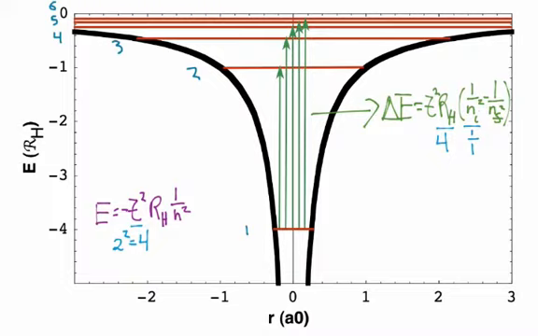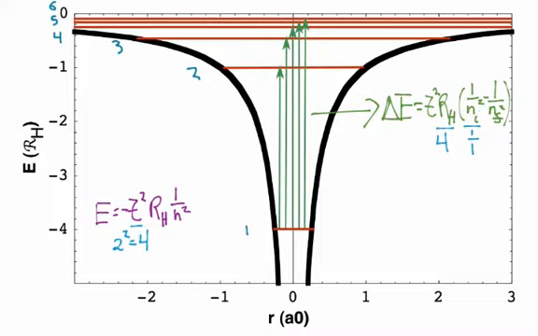So for example, the first energy difference is Z squared times R_H times 1 minus 1/4, or 3/4. So that first gap, that first delta E to the left of those green arrows, is 3/4 of 4 Rydbergs, or 3 Rydbergs, and you can see that right on the graph. We go from -1 to -4, the difference is 3 Rydbergs.